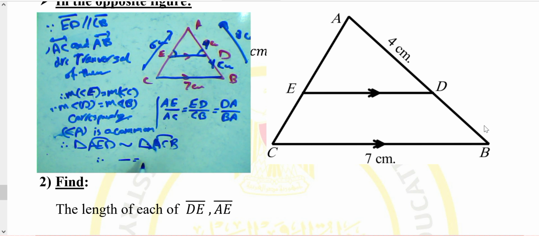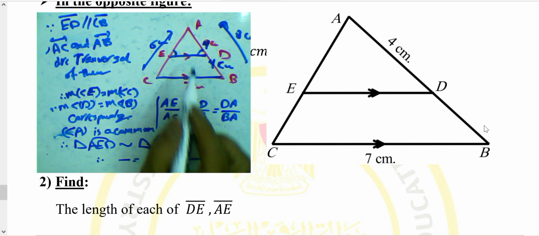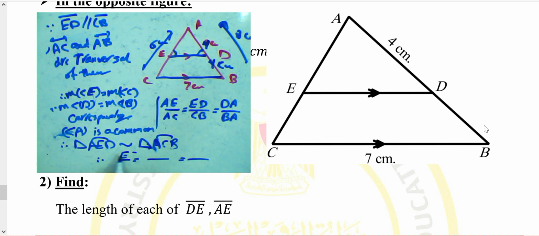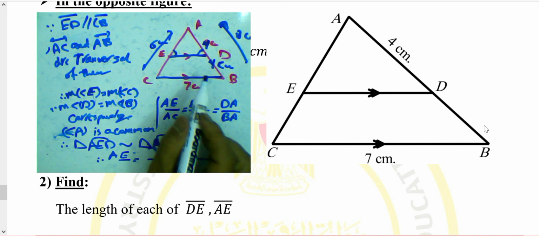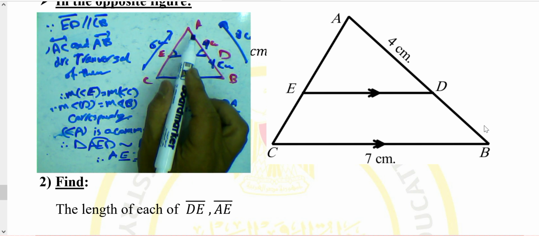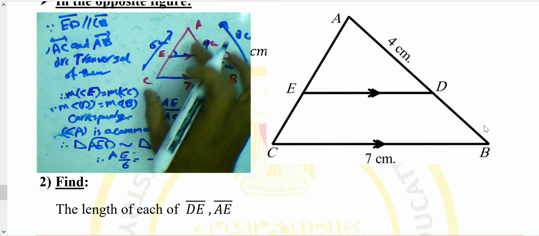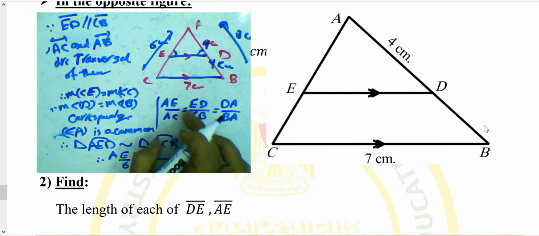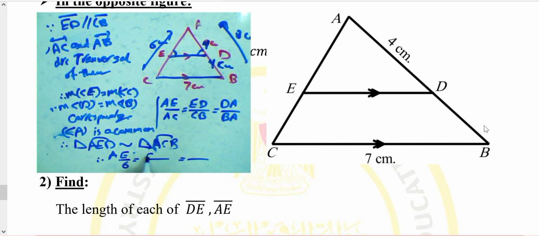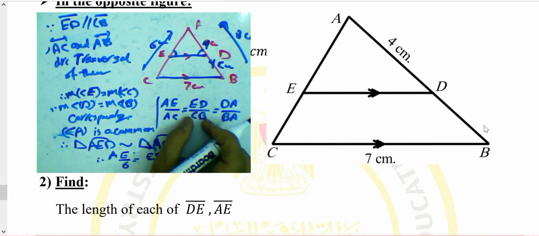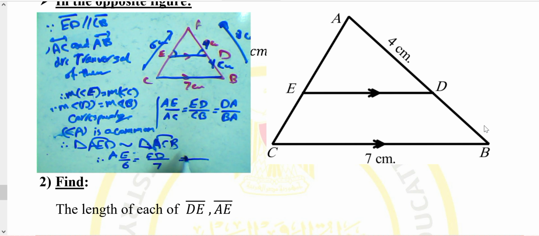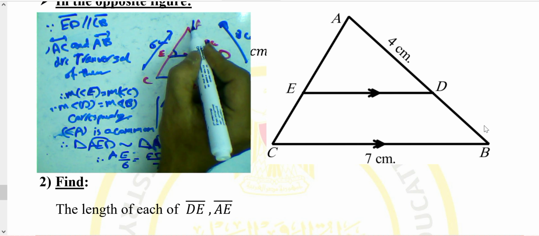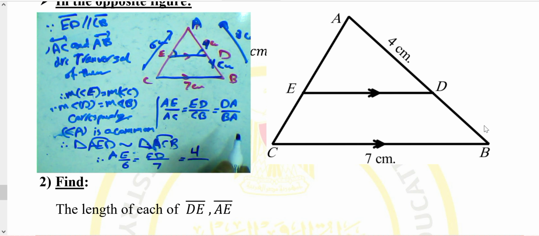And then we can write the sides: AC is 6 centimeters, CB is 7, DA is 4, and BA equals 8.